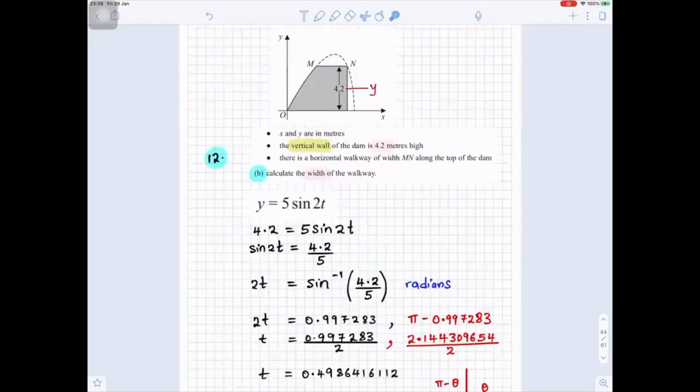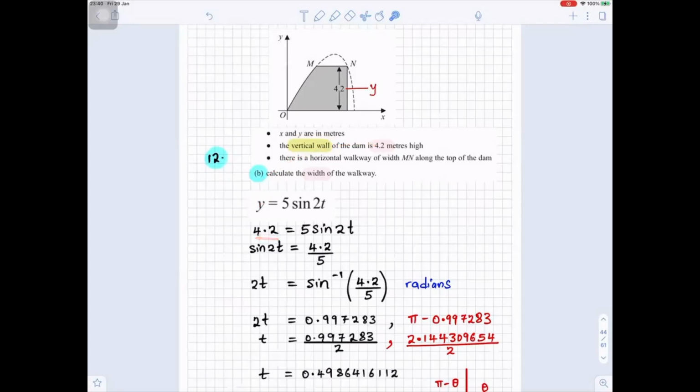We are given that y equals 5 sine 2t, and y represents the vertical height, or the y-axis. So they've told us that is 4.2, so we take this 4.2 and replace it for y there. Very important: the 4.2 meters is the vertical wall, and that 4.2 replaces y.